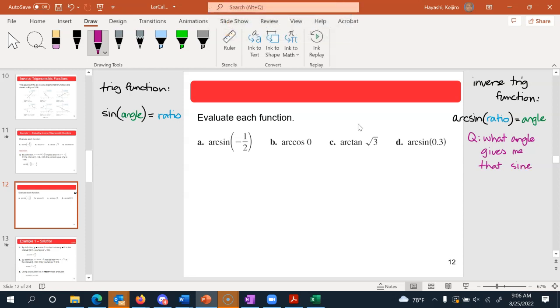In this example, we would be asking what is the angle that gives me that value of sine that we get. And that angle is the answer to that expression.